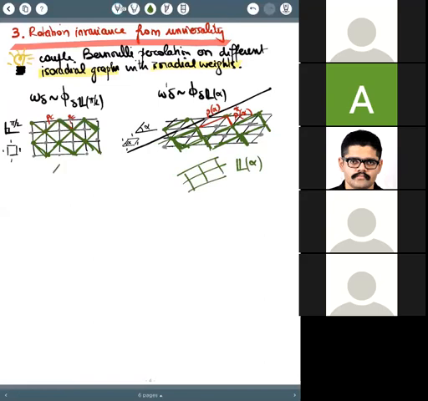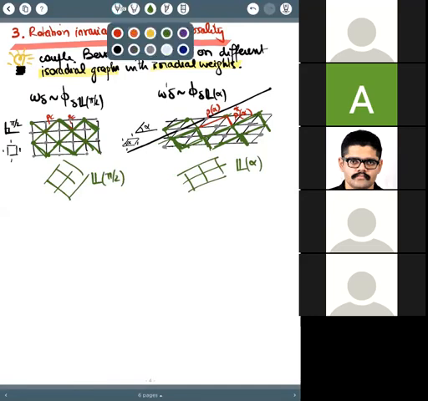Here I have the square lattice, which I call L pi over 2. So pi over 2 or alpha is just the angle of these small lozenges. And here I have L of alpha. So I want to be coupling omega on the original lattice to omega prime on this kind of rotated version.